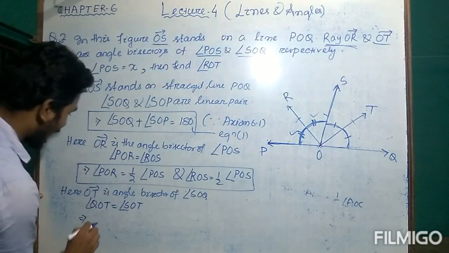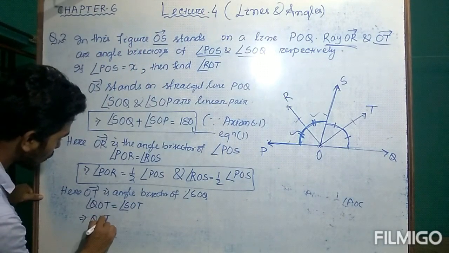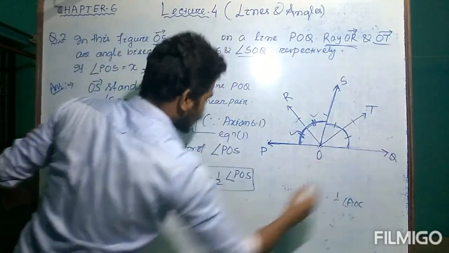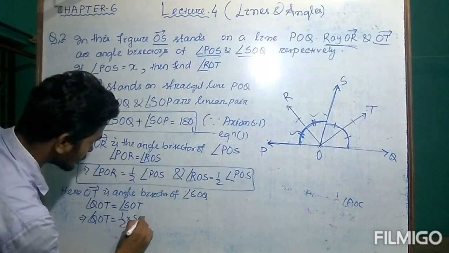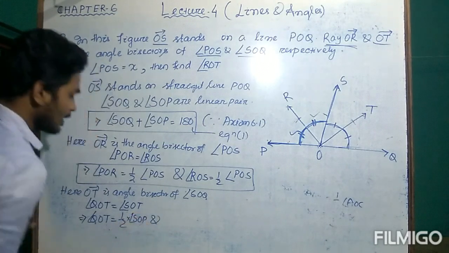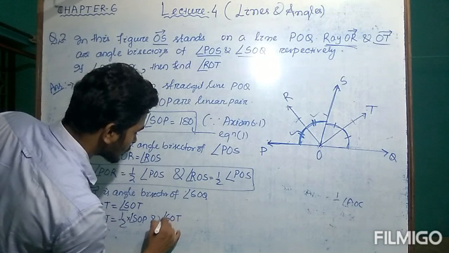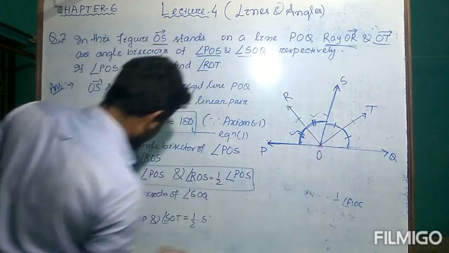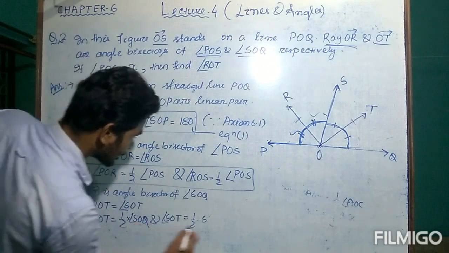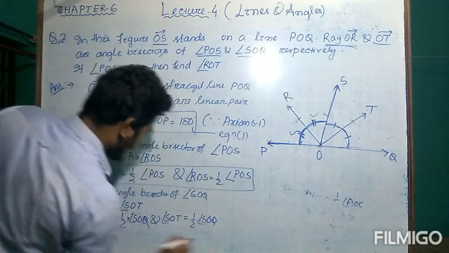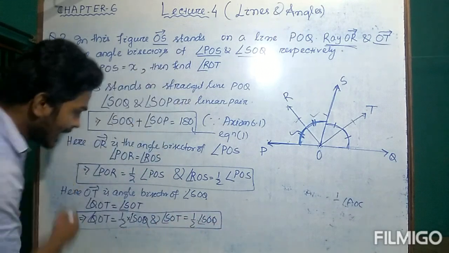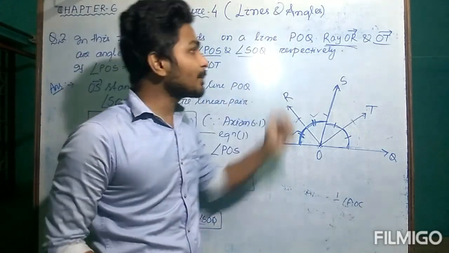So we deduce that this half, that is QOT, is equal to half of SOQ, and SOT is also the half of total angle SOQ. Okay. Now these are the data that we can derive from the statement.